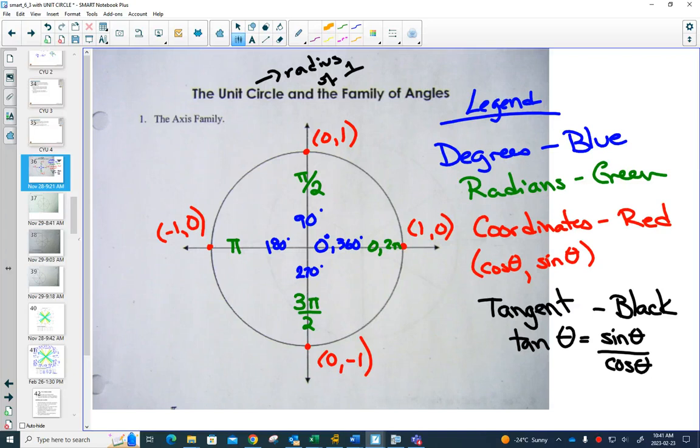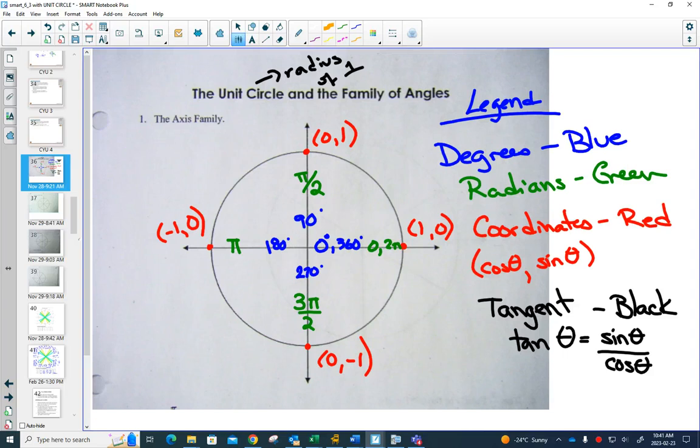So if I wanted to find cos of pi, the coordinates are cos and sine. So I go to pi, here's my coordinates. So this -1 means cos of pi is -1. And sine of pi would be 0. Okay, you get to pick the next volunteer.